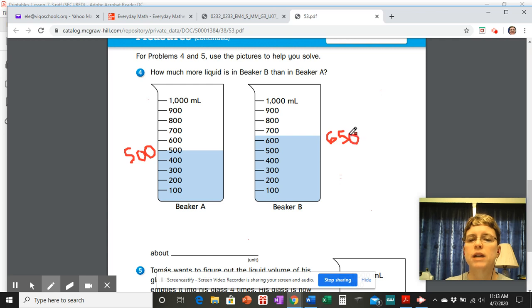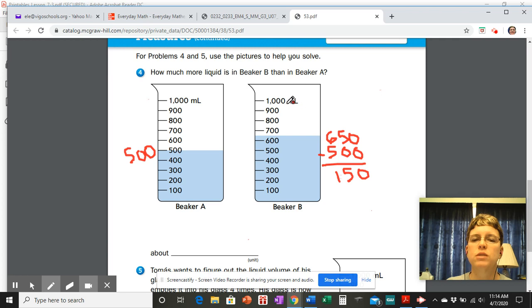So if we need to know how much more is in beaker B, then we're going to have to do subtraction. Since I already have this written over to the side, I'm going to go ahead and do this. So 650 minus 500. Our bigger numbers are all on the top, so we can do our subtraction. 0 minus 0 is 0. 5 minus 0 is 5. 6 minus 5 is 1.